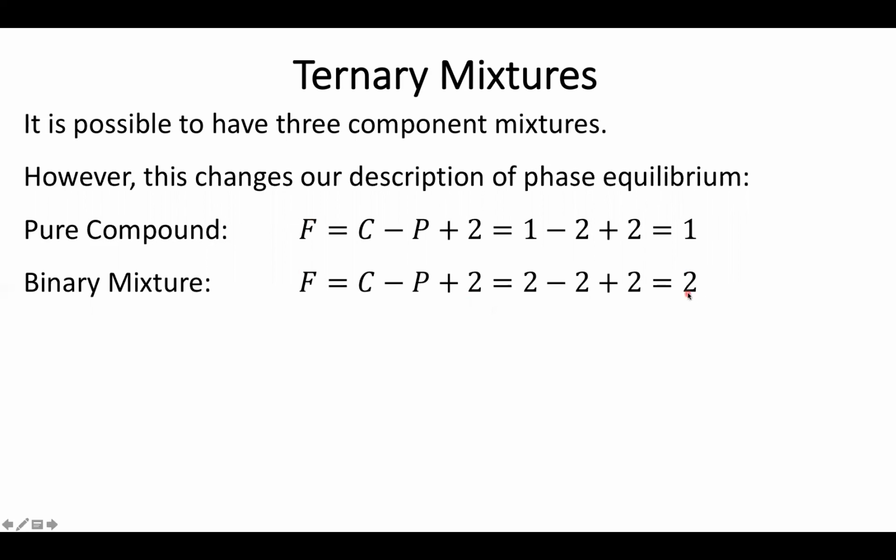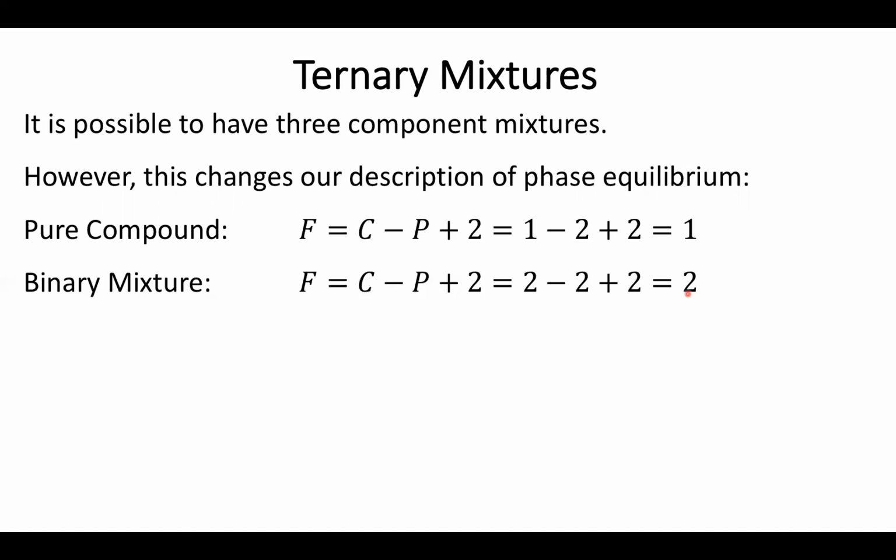And as we saw previously, our choice is to typically keep the pressure constant and then look at how the boiling point or the temperature changes as a function of the composition of the system. But as we also demonstrated, you can examine how the vapor pressure is also going to change as a function of the composition under constant temperature. But it's very hard to kind of illustrate both.